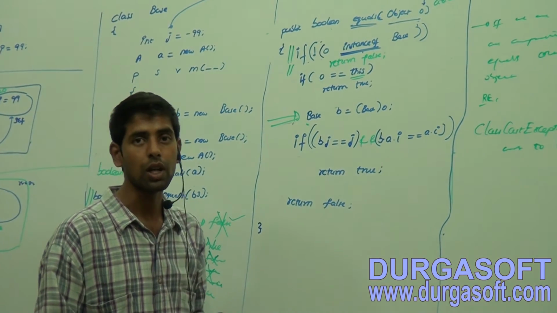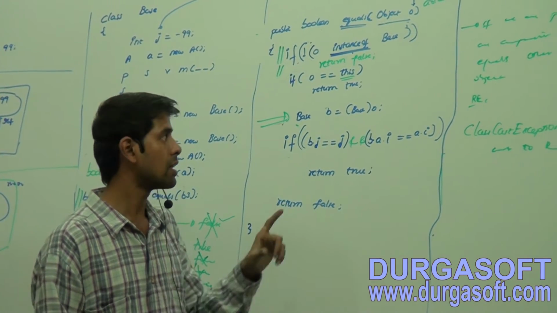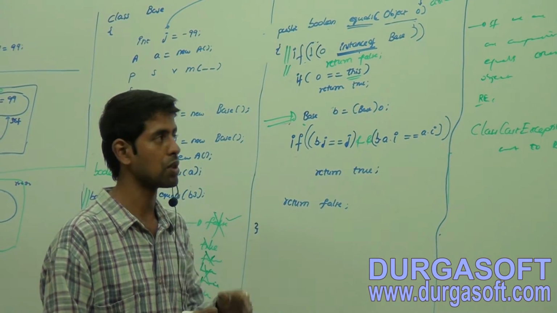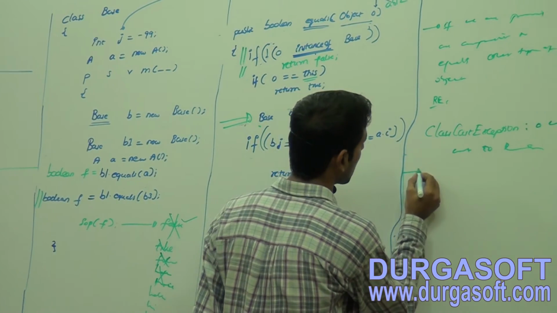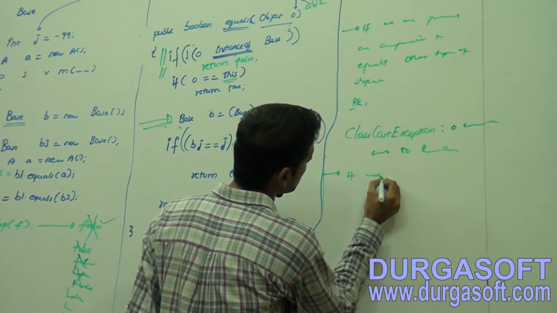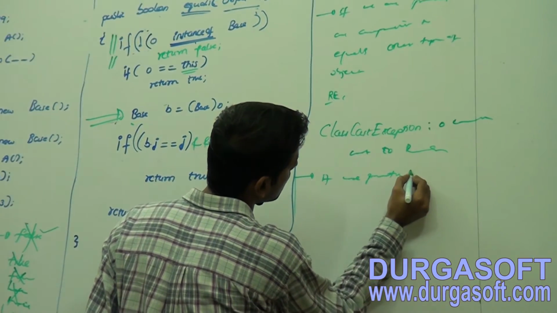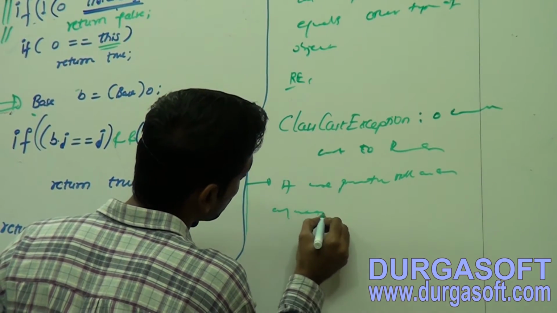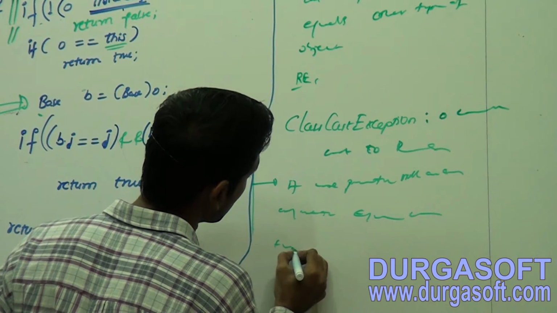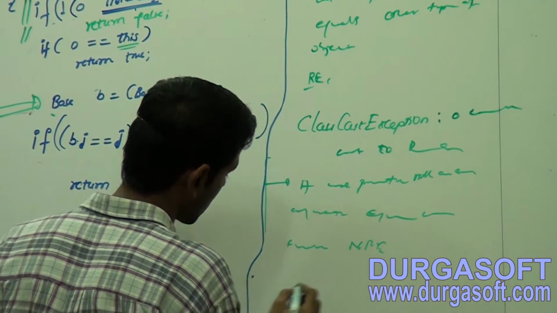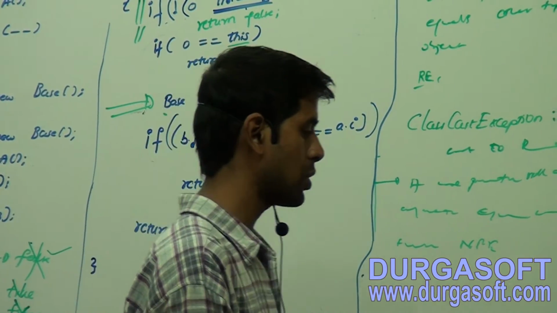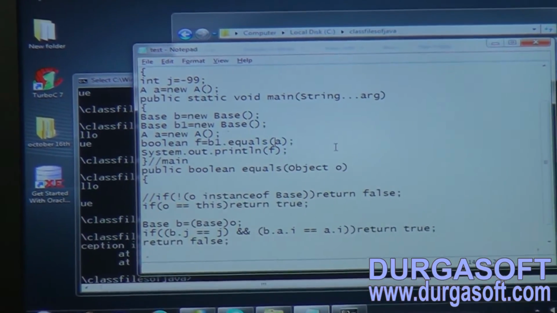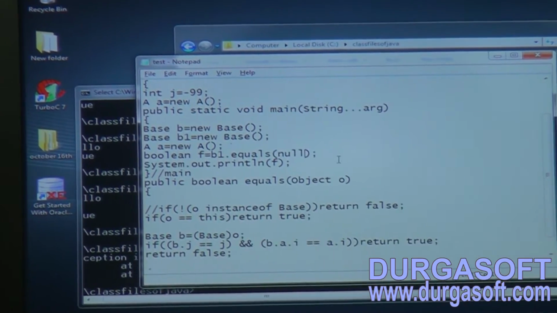So at some point you will definitely get a NullPointerException. If we pass null as an argument to the equals method, then there will be a NullPointerException. Now pass null instead of a here.